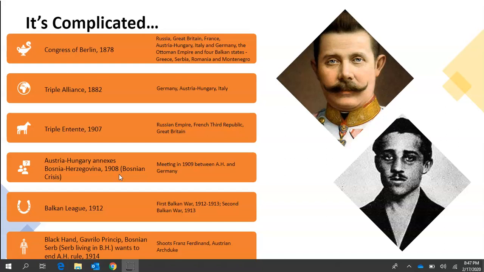Technically, Austria-Hungary had been managing Bosnia-Herzegovina since the Congress of Berlin in 1878. So even though in name Bosnia-Herzegovina was owned by the Ottomans, Austria was actually running things. So it gets really kind of messy.